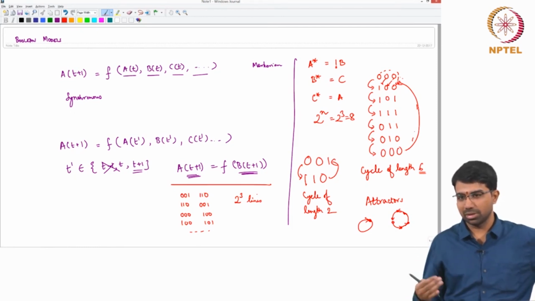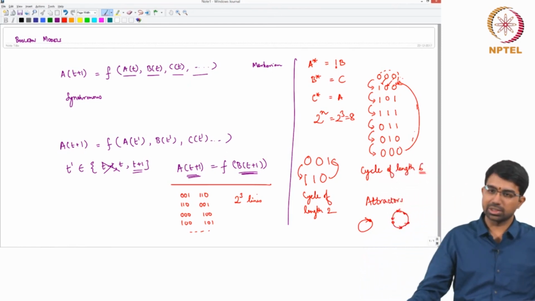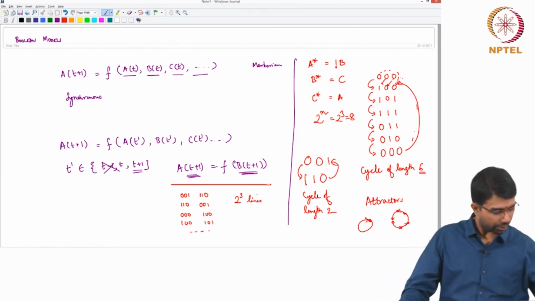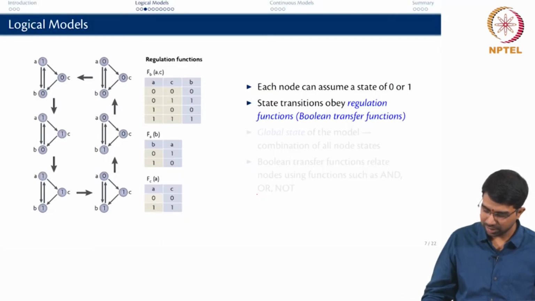You will be able to see how the changes are happening, and you can immediately see how many point attractors or cycle attractors there are. There are better ways to find it, but it is just easy to visualize using Cytoscape.